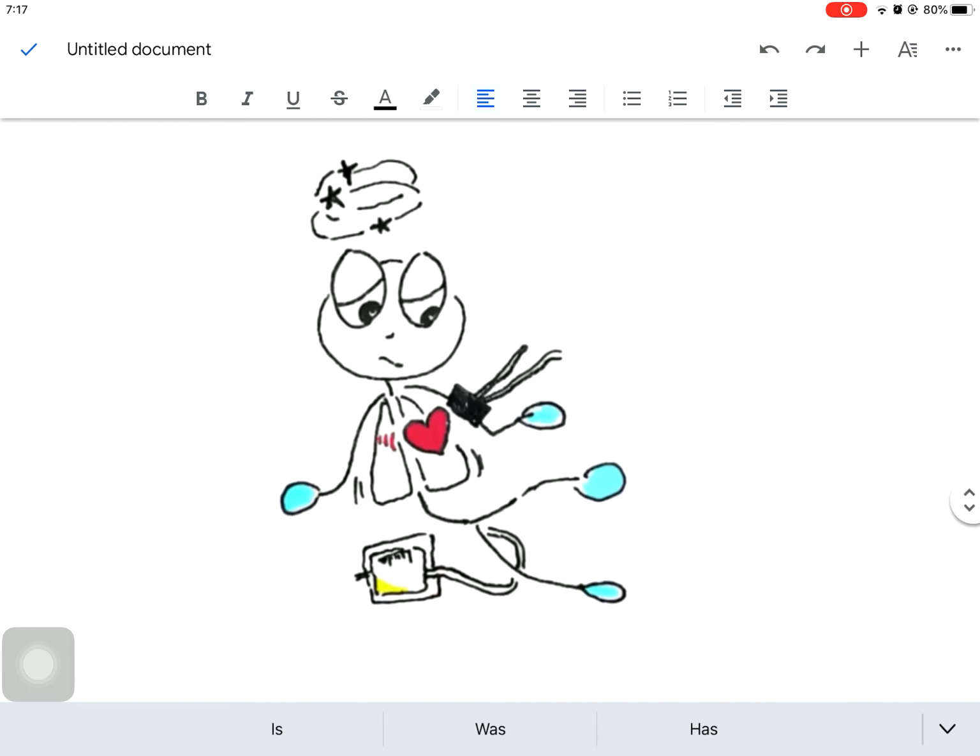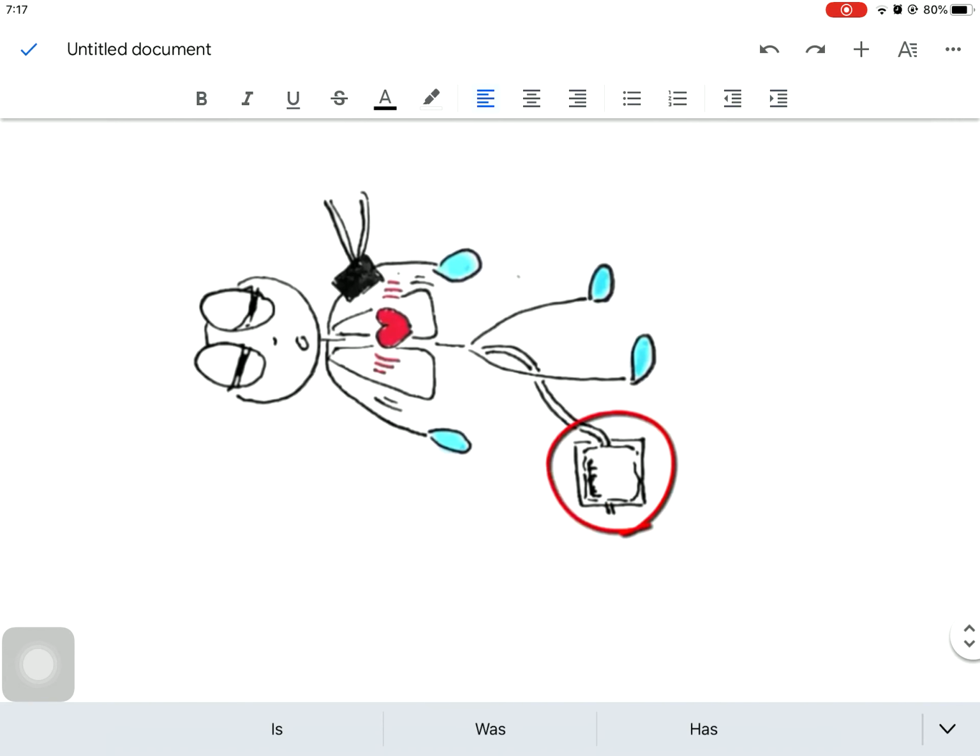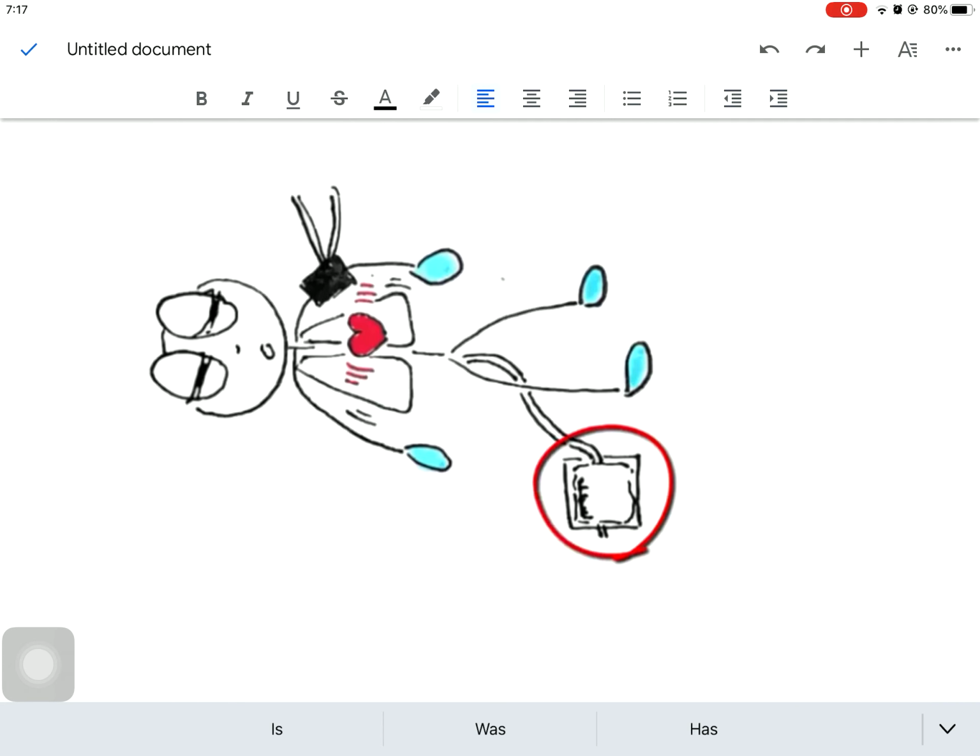For the third class, usually they look confused. They have cold peripheries and conjunctival pallor. The urine output is also reduced, and they are tachycardic and tachypneic. For class 4, usually they look very lethargic, very confused.